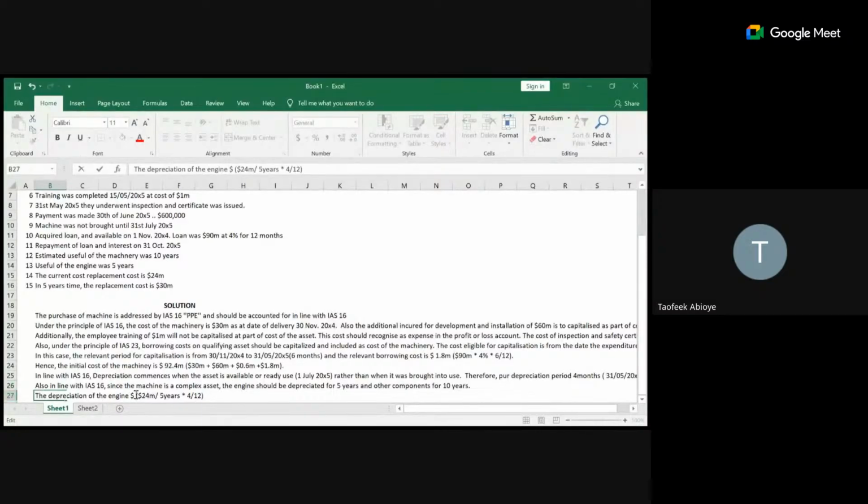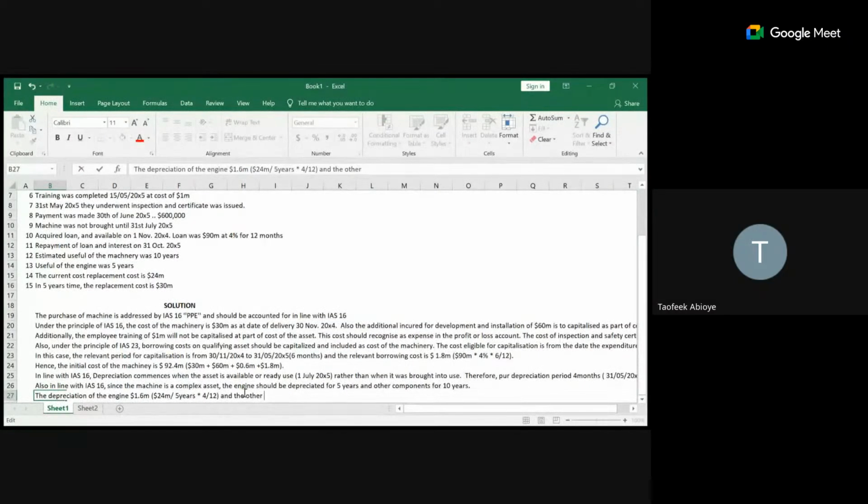So how much is it? 1.6, right? Yes, 1.6 million. So the depreciation of the engine is 1.6.